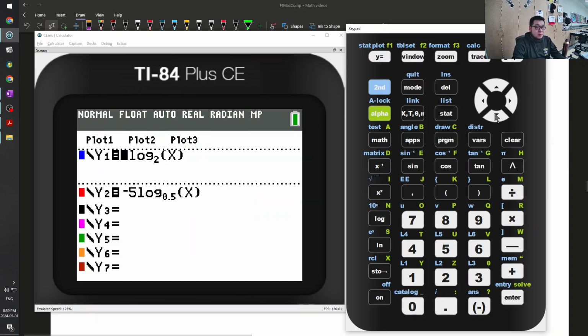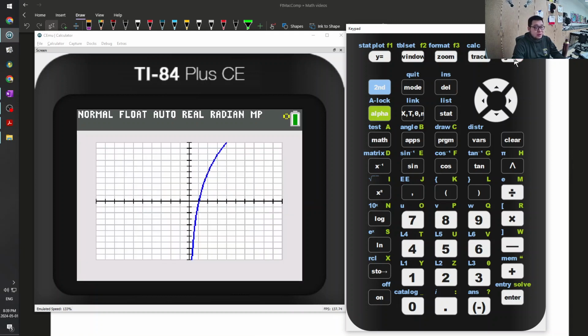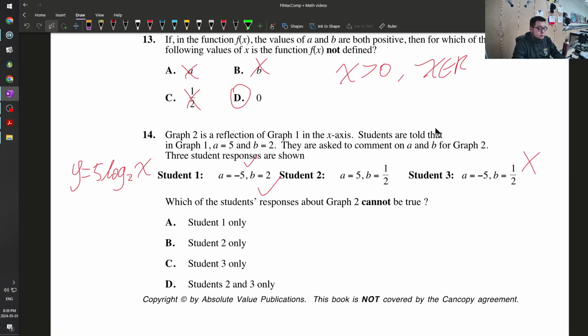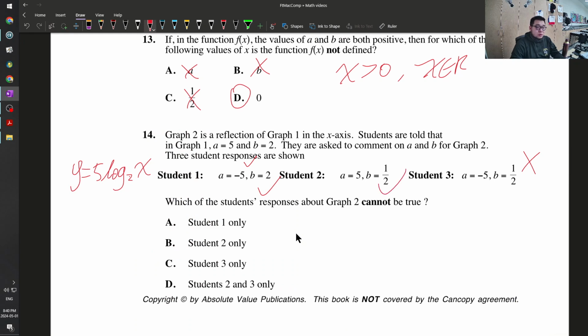Last one, b, which is 5 and a half. Let's take a look at the table. Okay, it looks like they're also correct because everything is flipped. So student 2 is also correct. So for 14, only student 3 is not correct, which is C.